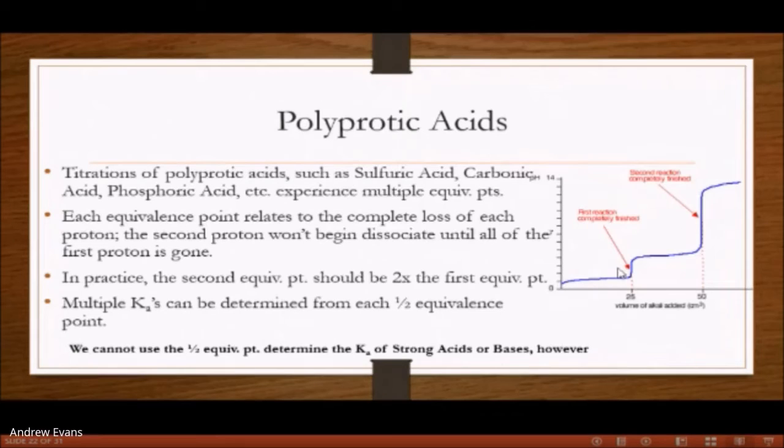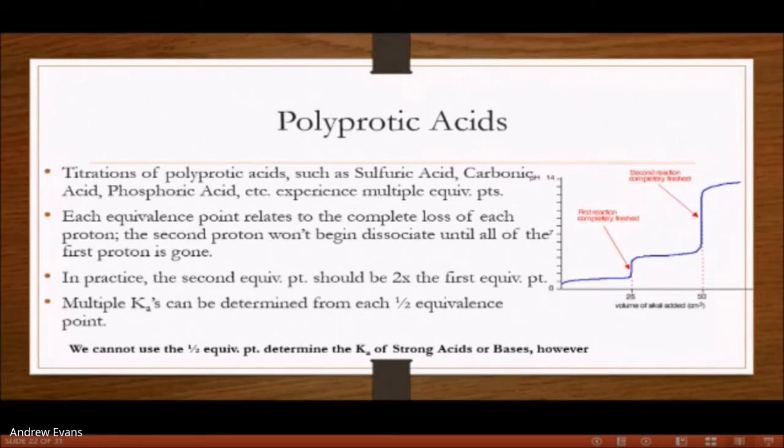So if this is carbonic acid, the pH at 12.5 mL would be the pKa1. And the pH at 37.5 mL would be pKa2. So halfway between 25 and 50 would be pKa2.